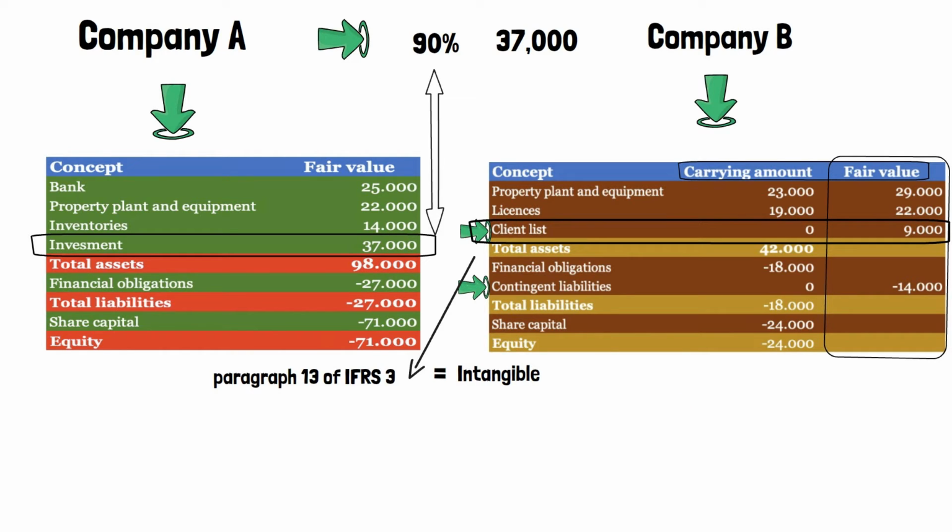An asset is identifiable when it can be sold, exploited, or is capable of being separated or divided from the entity and sold, transferred, exploited, leased or exchanged, either individually or together with a contract, an asset, or a related liability. This means that expenditures related to an internally generated intangible asset must be recognized in profit and loss.